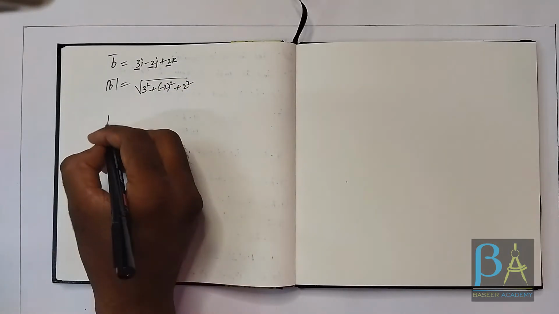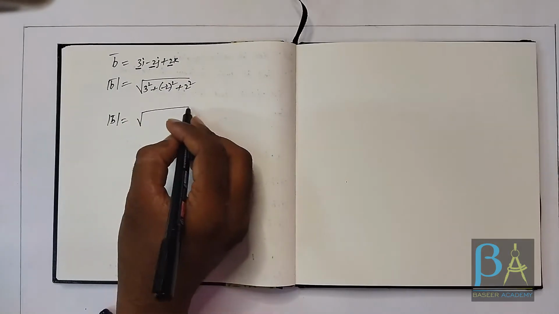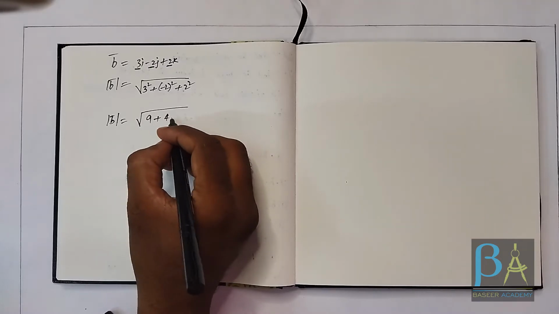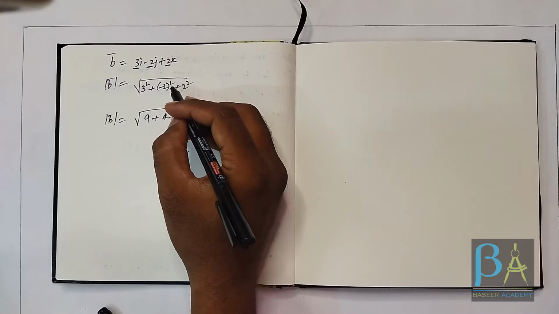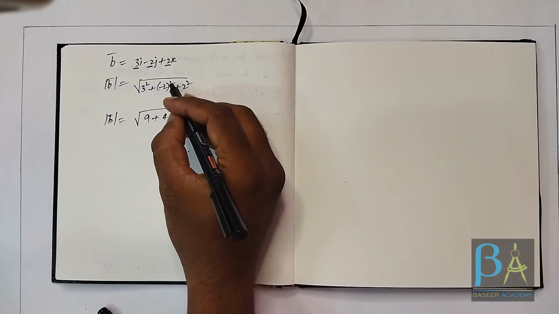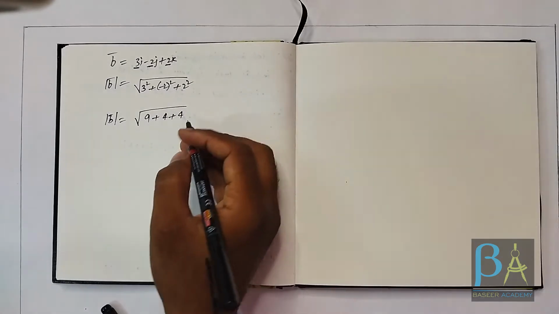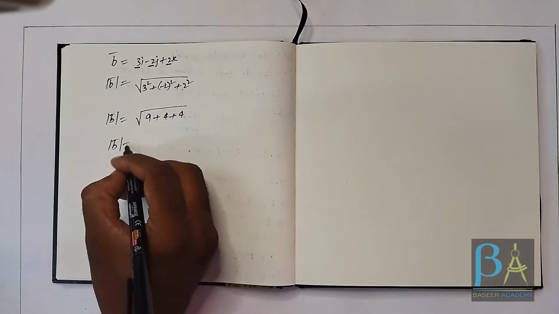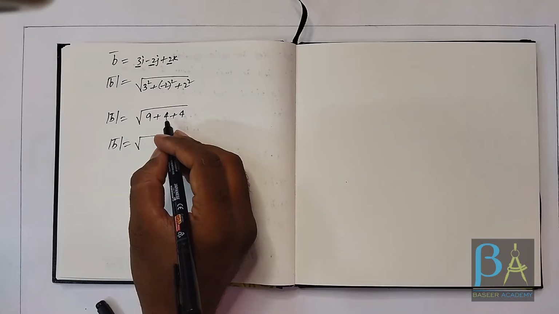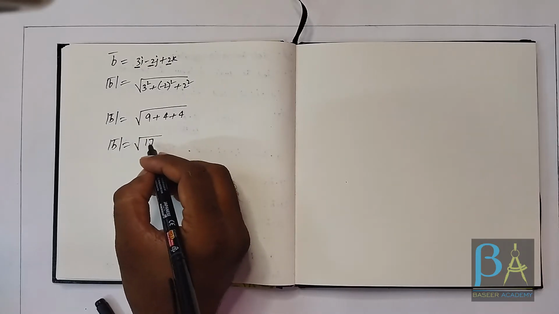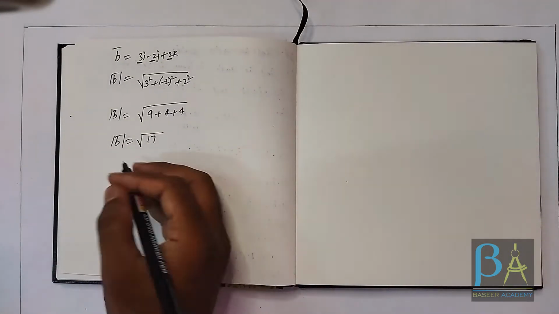So mod b is going to be square root of 9 plus 4 plus 4. Obviously, if I square a negative number, it becomes positive. Now, mod b is going to be square root of 9 plus 4 is 13, 13 plus 4 is 17. So mod b is root 17.